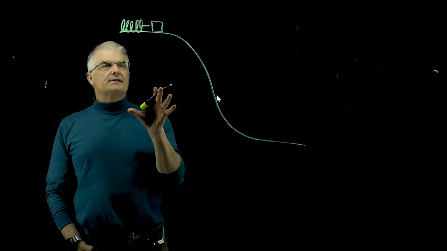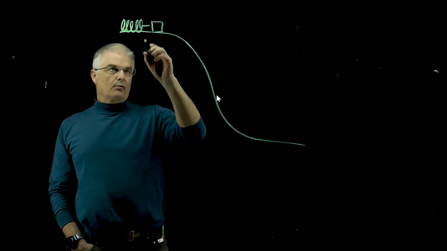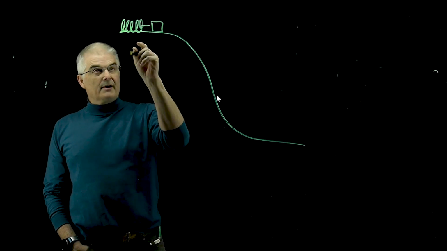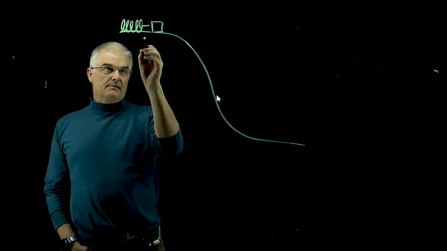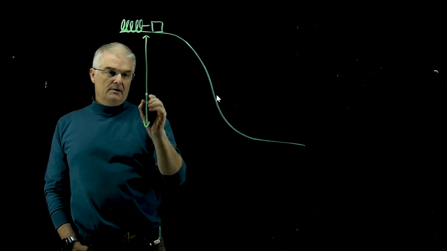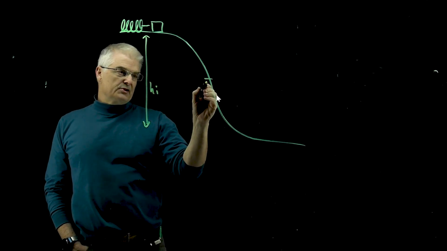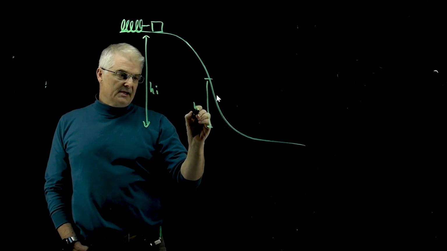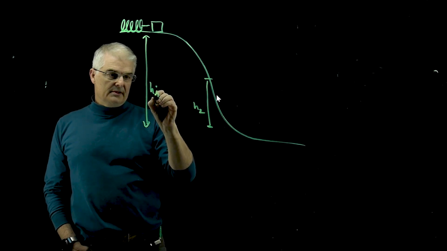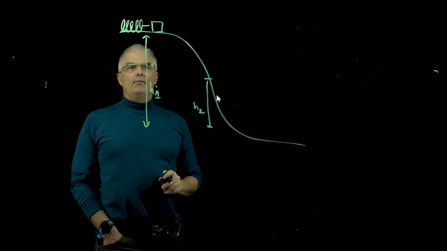So let's take as an example a ramp and a spring right here, and it's at some height. We'll call this H1, and let's call this H2. And let's talk about our energy.